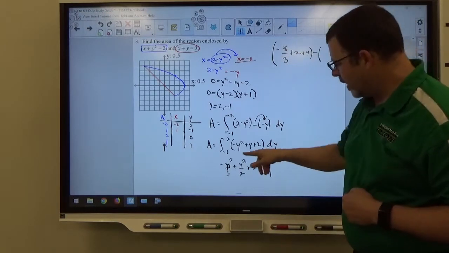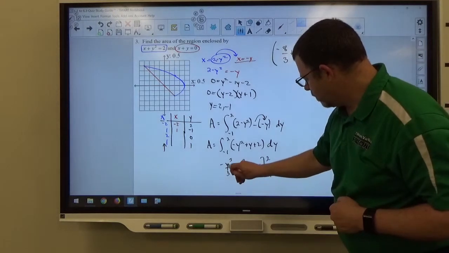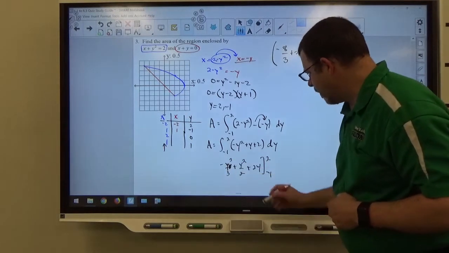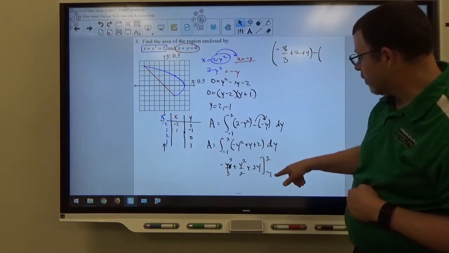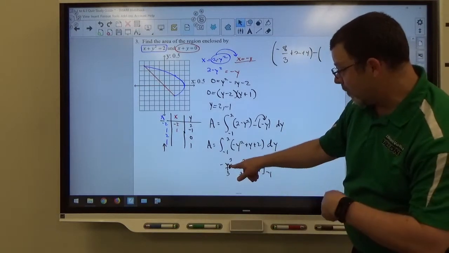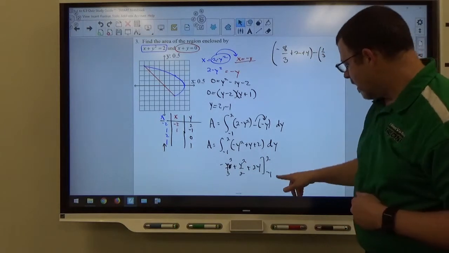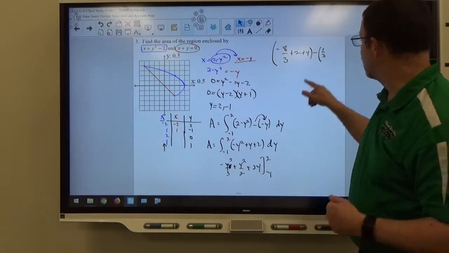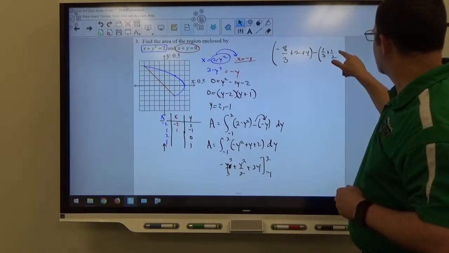If I put negative 1 in, I got a little mess there, but pretend that says y cubed over 3. So negative 1 cubed is negative 1, the minus makes it positive, so I'm going to get positive 1/3. Be careful with signs. Negative 1 squared is positive 1 over 2, so plus 1/2. And negative 1 times 2 is going to be minus 2.